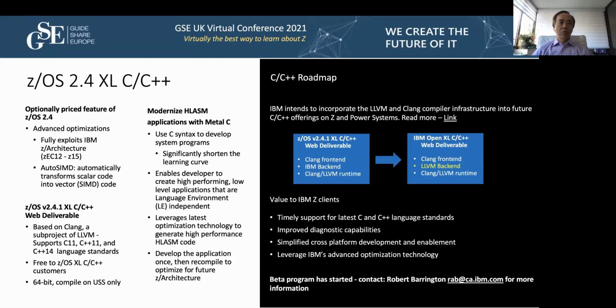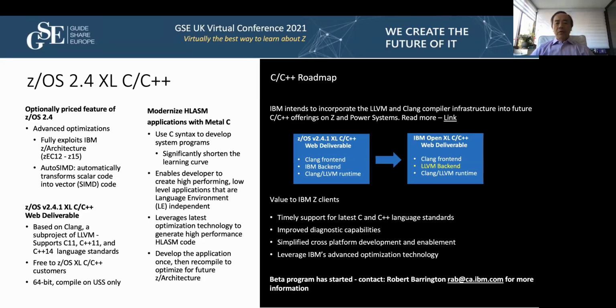If customers are licensed and have enabled the C++ feature on z/OS, this web deliverable is free for them. And it is a 64-bit only compiler, and it only runs on USS for now.